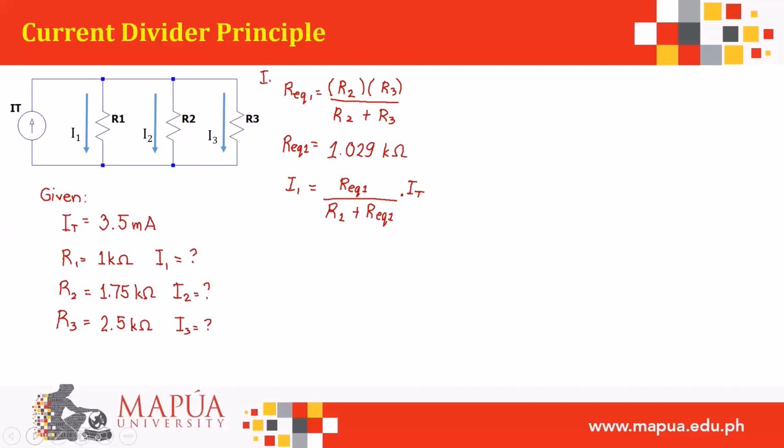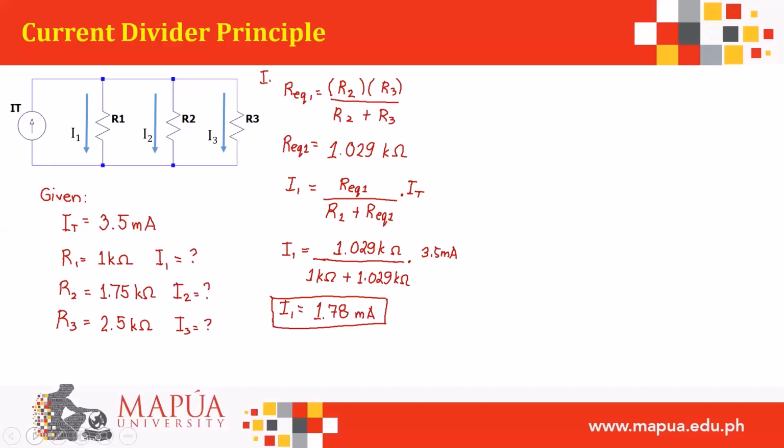So that is 1.029 kilo ohms over 1 kilo ohm plus 1.029 kilo ohms, multiplied by 3.5 milliamperes. That is 1.78 milliamps, our I sub 1.